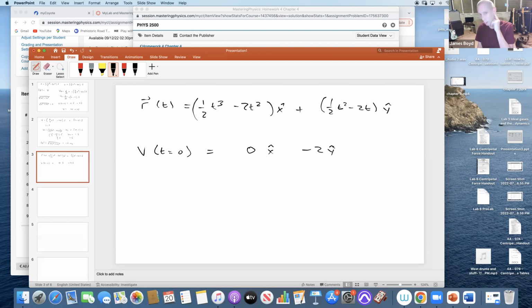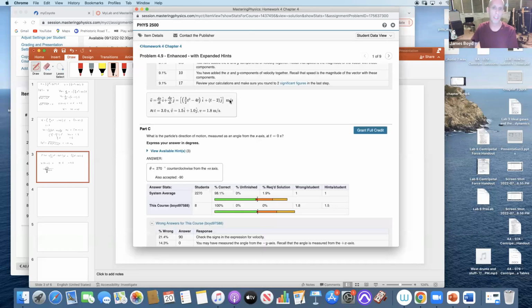Without doing anything, if you just draw the vector, it is the vector from the origin to the point 0, minus 2. And you can see that vector is at 270 degrees or minus 90. I believe it will take either one.